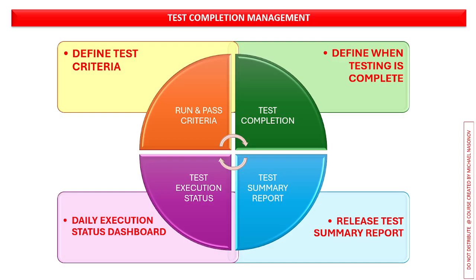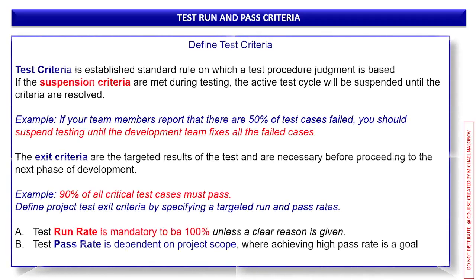Then we need to learn that upon completion you need to release a test summary report, and during your project test execution phase, you need to provide daily your particular project execution status dashboards and distribute them.